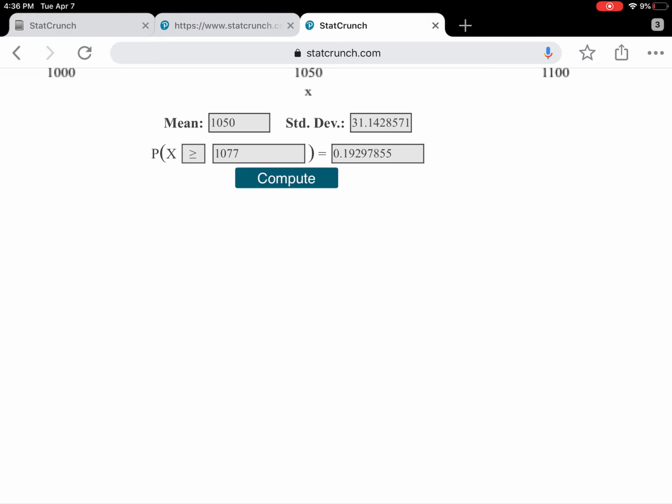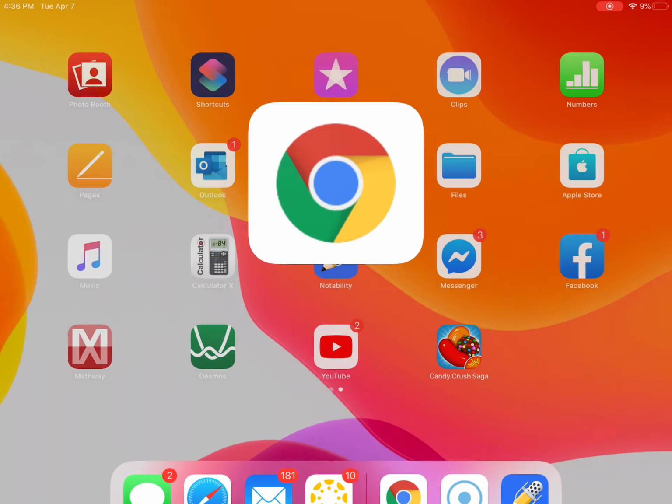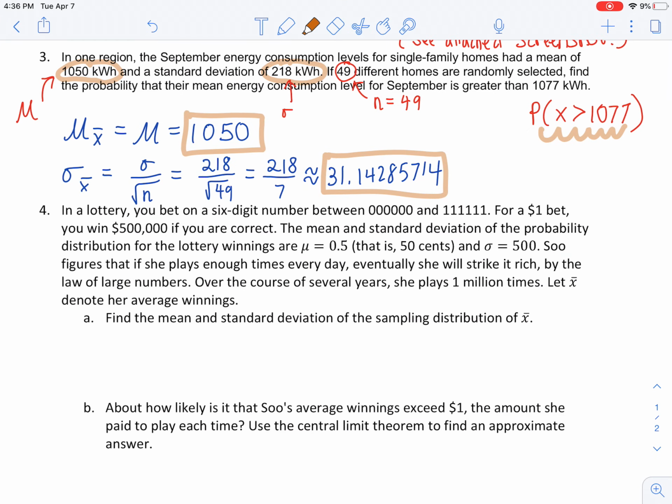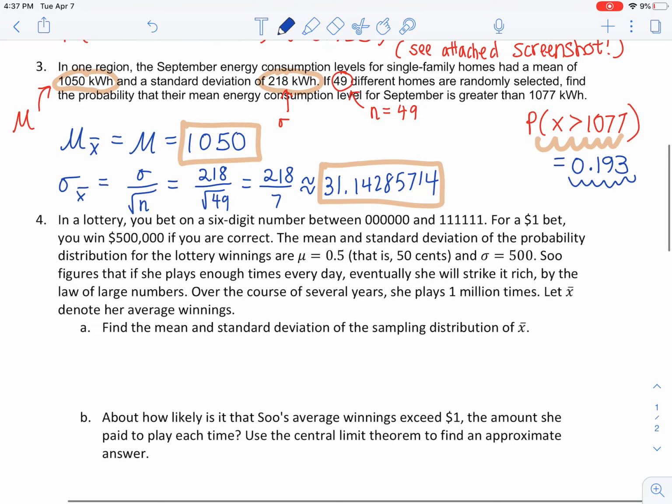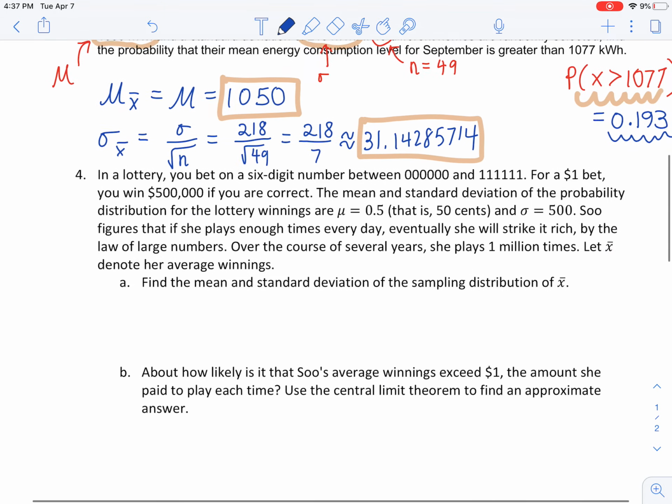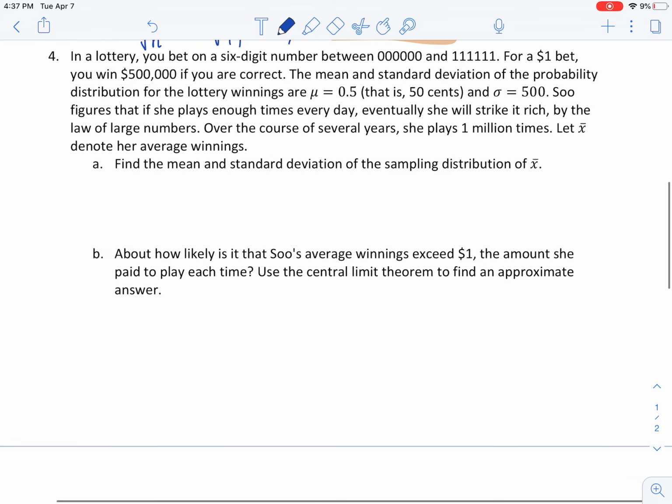If your answer is very close, then I'll make sure to add points back. So the answer is going to be 0.19297. If I round this to the nearest thousandth, that will be 0.193. That will be my answer here, since they didn't really tell me how to round this. So this probability comes out to be 0.193.